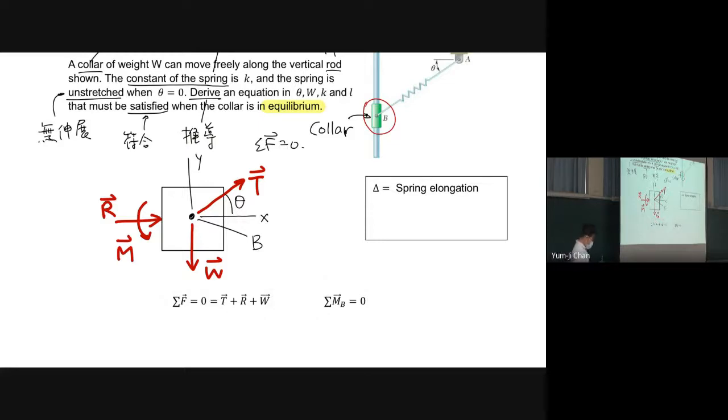For summation F equal to 0, we have three forces. They all act on the same point P. This is T, R, and W. And for summation M equal to 0, if we take the point of reference as point P, we only have one moment. So this one equals M. So M equal to 0.